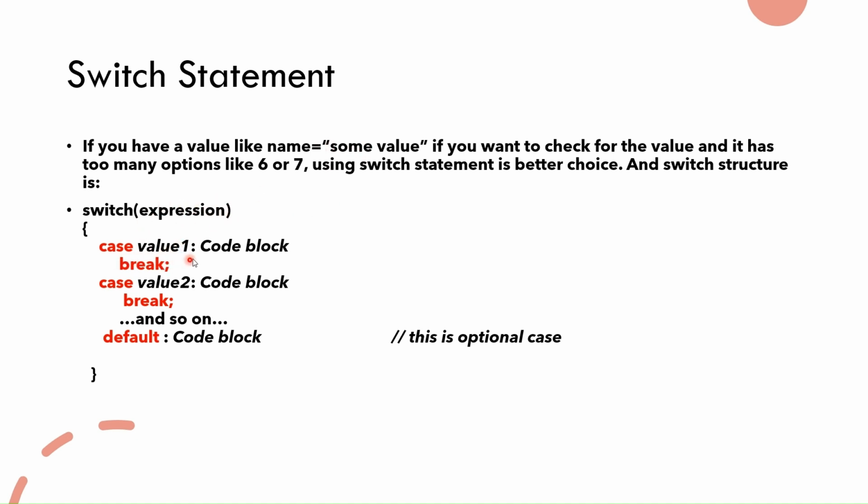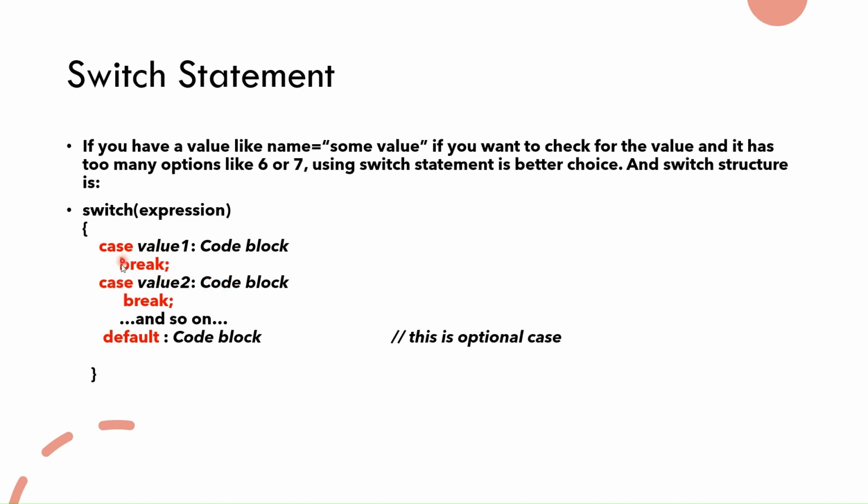Then case value 1, a colon, code block 1, then break; case value 2, code block, and then break. Default is optional, you can put it or not, but it is better to put it, and you don't have to put a break there. The break keyword is for when the value is 1 and it matches the expression, the code block executes. So break will prevent the code from checking the second value.